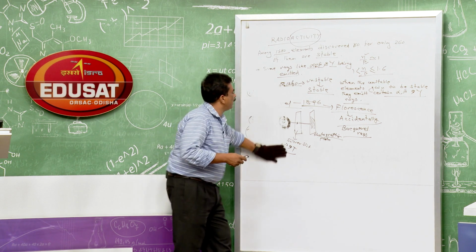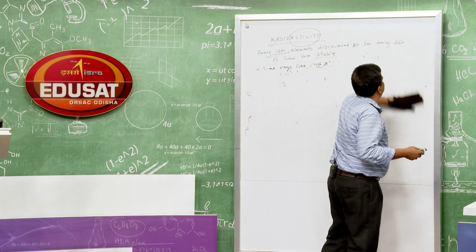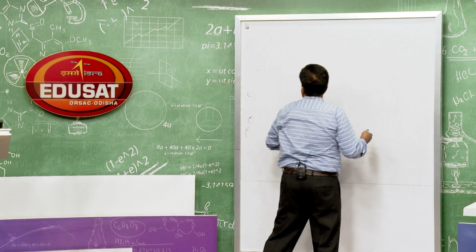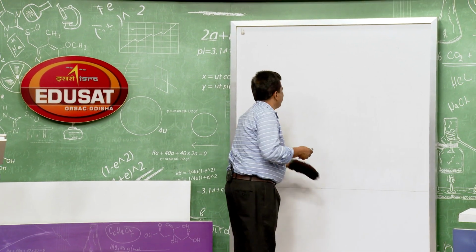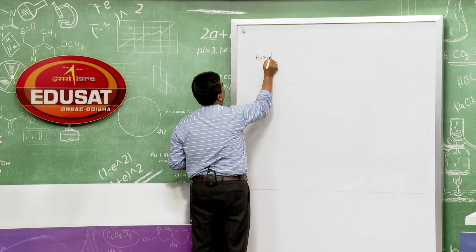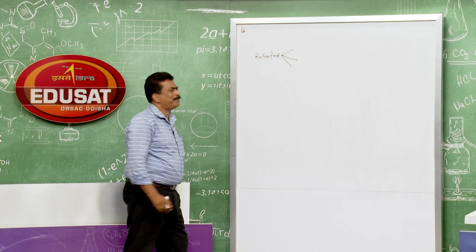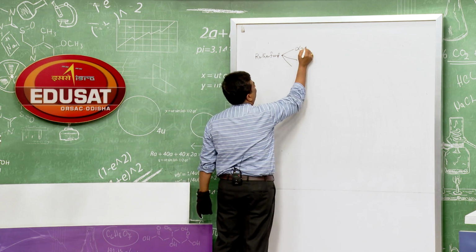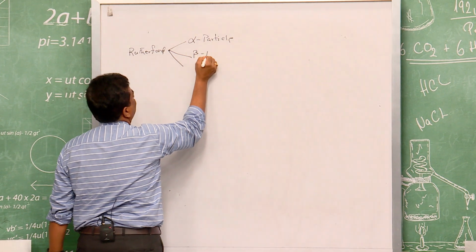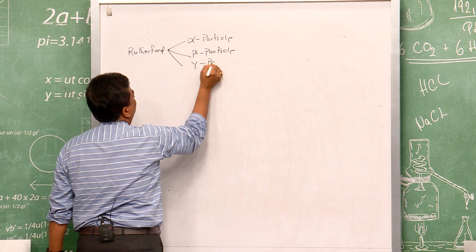So, this was developed by Becquerel, Marie Curie and Pierre Curie, and later also by other scientists like Rutherford. He also showed that the same process happens, and according to Rutherford, there are three types of particles or rays: one is the alpha particle, the beta particle, and the gamma particle.